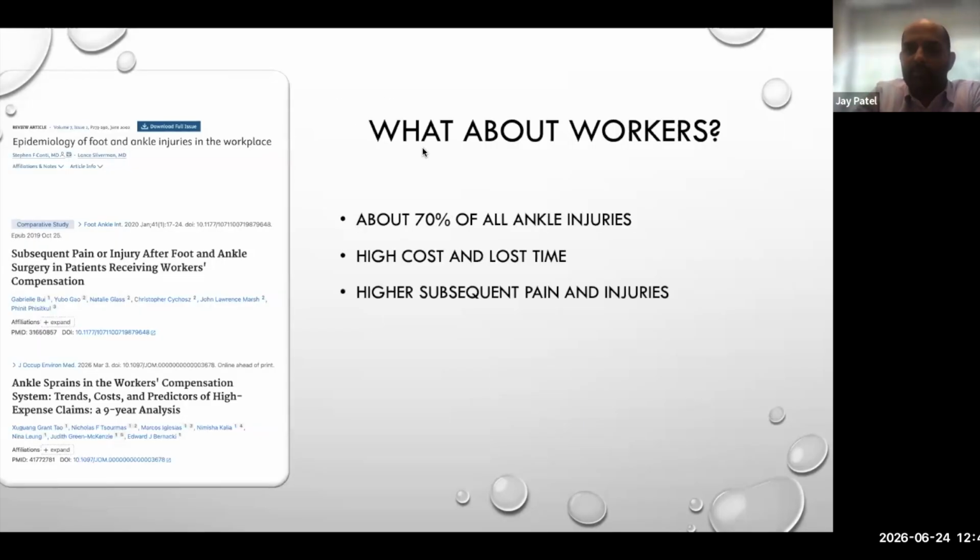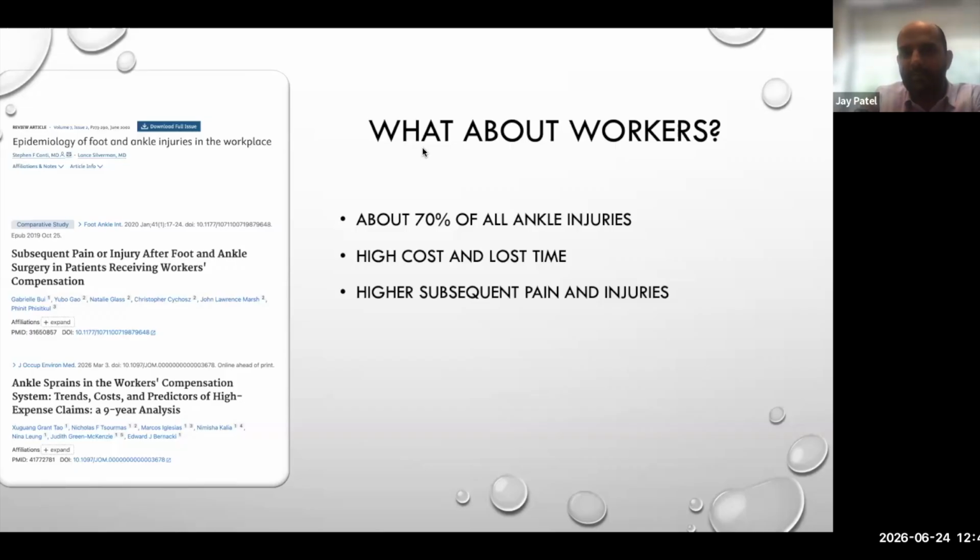What about the workers? About 60% of workplace injuries involve the musculoskeletal system. Foot and ankle injuries are about 10% of those, and the majority of those are related to ankle sprain, about 70%. Patients who have comorbidities, such as diabetes or a thyroid condition, or where litigation was involved, particularly with coexisting injuries, had high-cost claims.